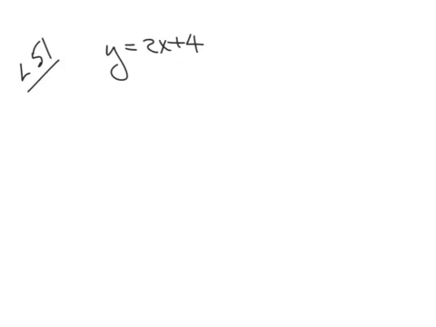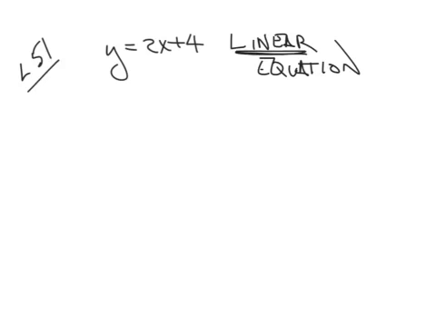Alright, so what we're going to do now is look at equations like this, and one of the things I want you to notice, there are no exponents. You've got an exponent of 1 here and an exponent of 1 here. When there are no exponents at all, it's called a linear equation, because when you draw a picture of this equation, you get a straight line.